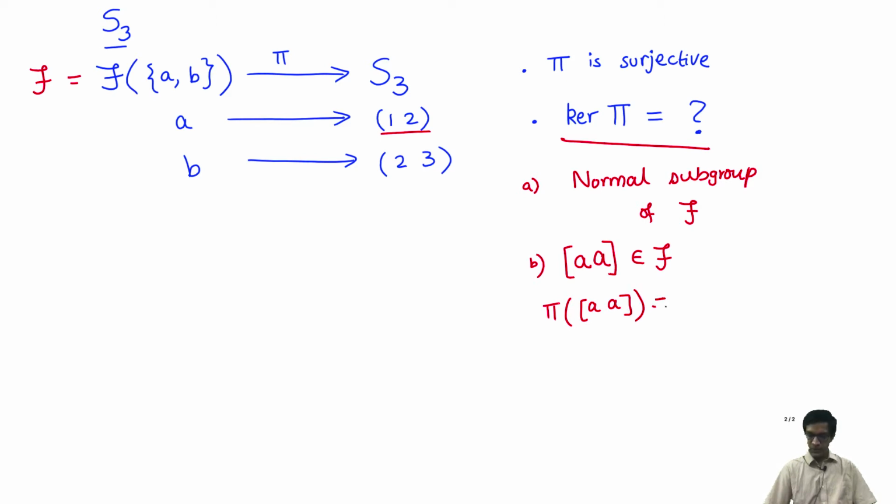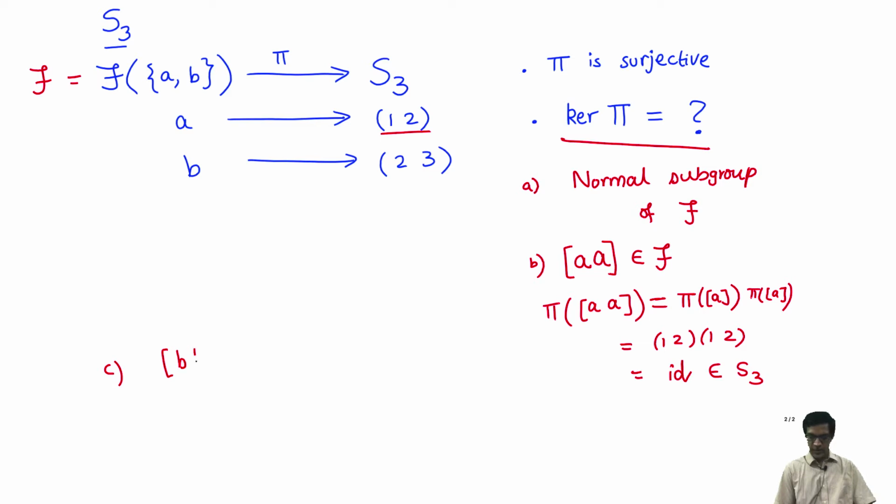Pi of AA is pi of A times pi of A, because pi is a homomorphism, and this is (1 2) times (1 2), the square of this, and that's just the identity. Let me write ID for the identity element of the group S3. Similarly, by a similar calculation, I take the word BB and observe that its image under pi is also going to be the identity.